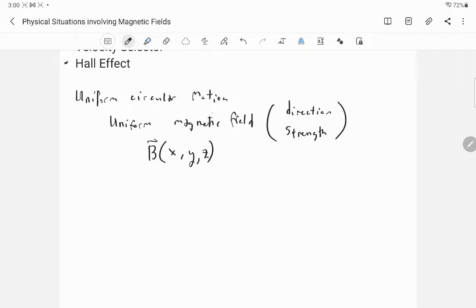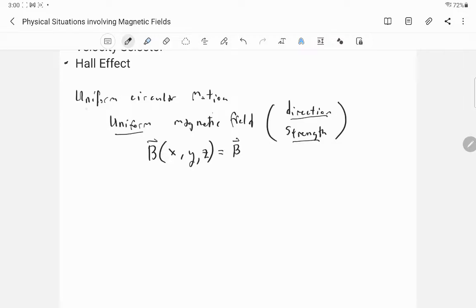It can be stronger at certain places than others. But if I'm talking about a uniform field, then what I'm saying is every place in space has the same direction, and every place in space has the same strength. And that's what's called a uniform magnetic field. So we would say, well, it's just represented by a particular magnetic field vector, which is independent of location. So just some constant, right?